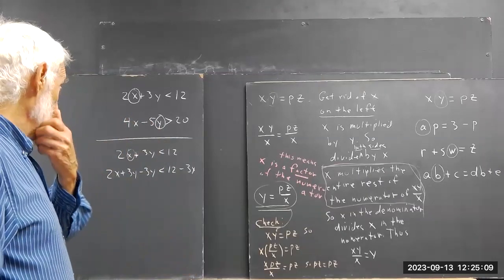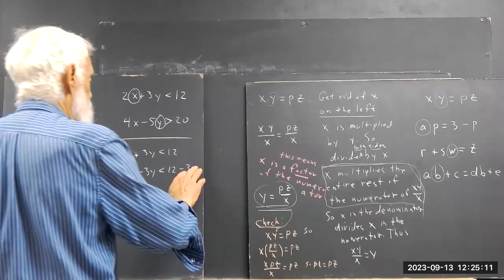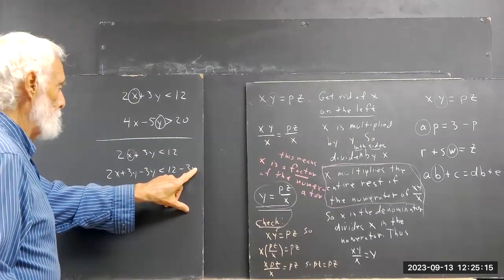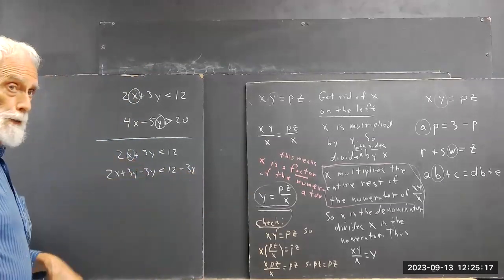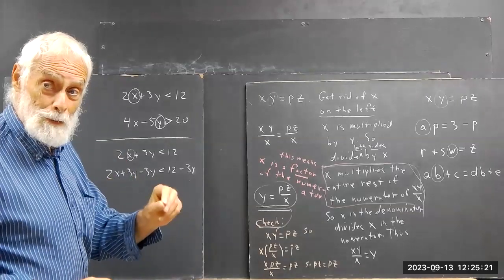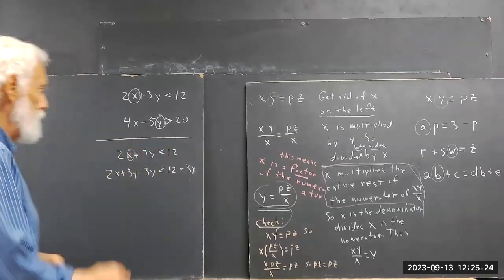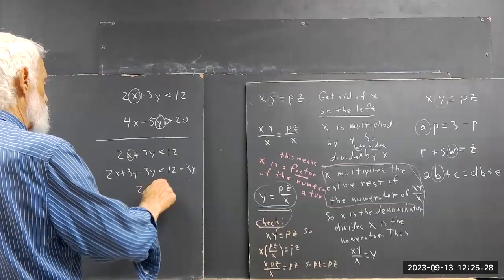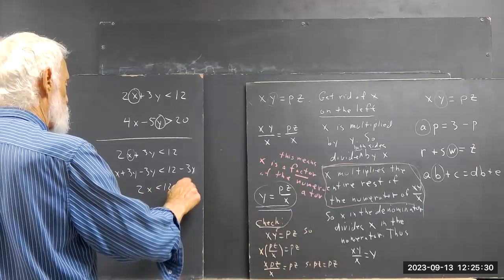I'm finding that that's much more distraction than it's worth. We write things out like this. If you're doing it the other way, as long as you're right, I'm all right with it. If you make a mistake, I'm going to say, I told you so, gently and kindly. Okay, so 3y minus 3y is 0. That gives us 2x less than 12 minus 3y.